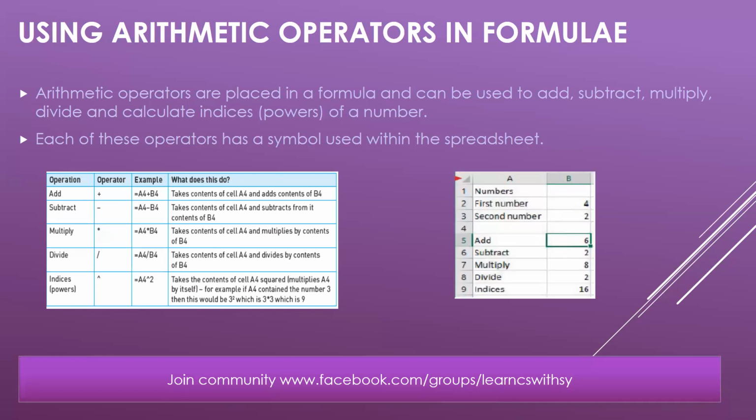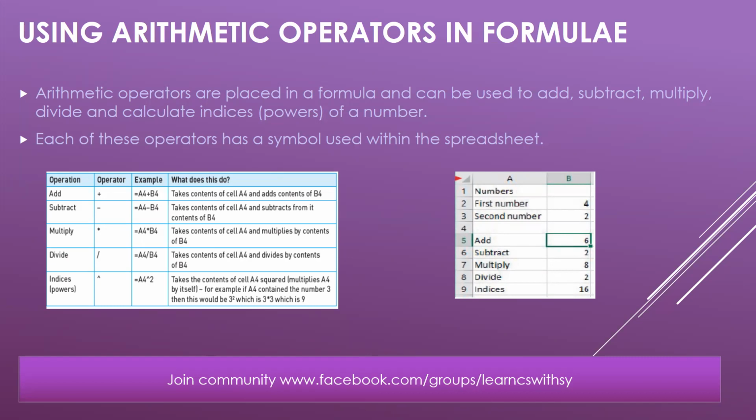Just to make you comprehend, there are two numbers. The first number is entered in B2. Second number is entered in B3. And then we have addition, subtraction, multiplication, division, and indices performed on the two numbers. And you can see addition result is 6 because we added the contents of B2 and B3.